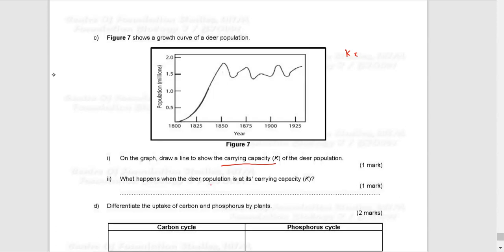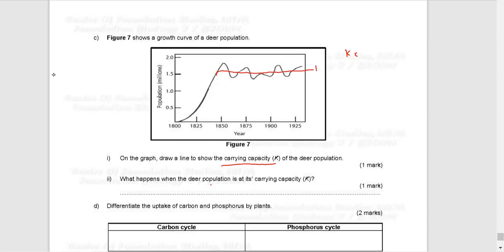Right. Okay, so in this graph, where to draw the line to show carrying capacity, it is here. The population size will increase steeply, and then here is the carrying capacity.